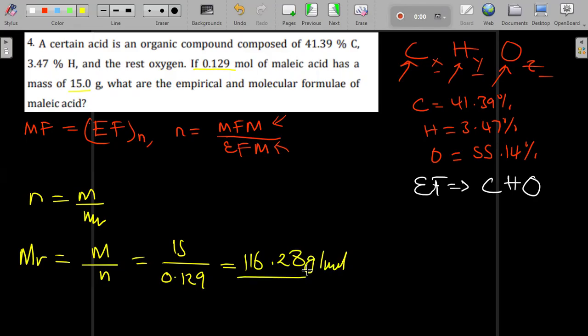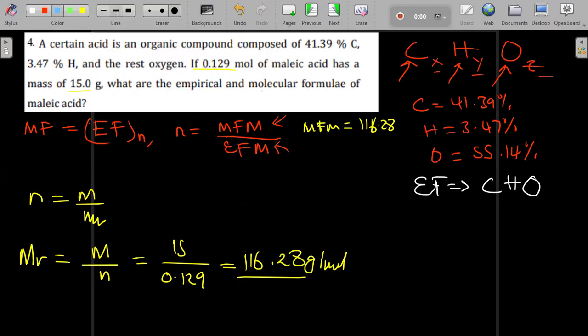So I'm finding this as my molar mass. So my molecular formula mass, or my molar mass, is 116.28.